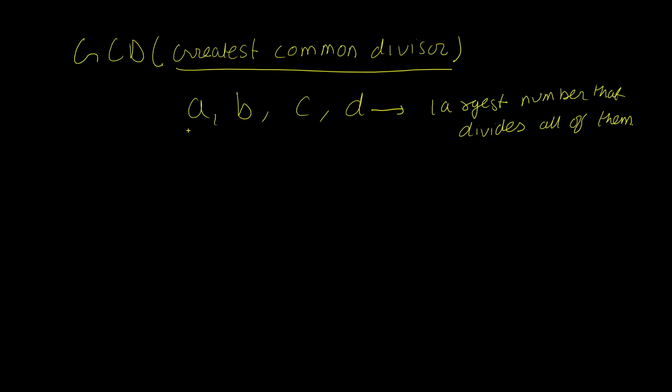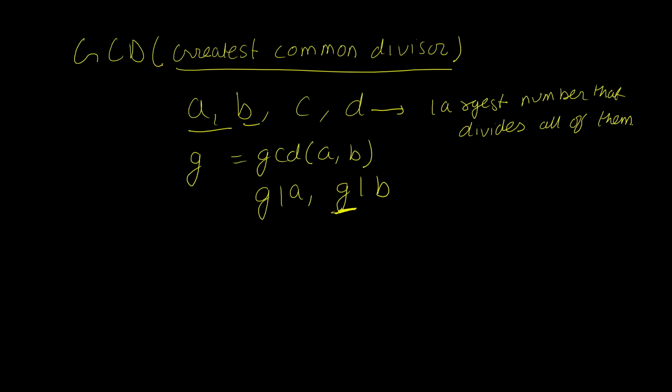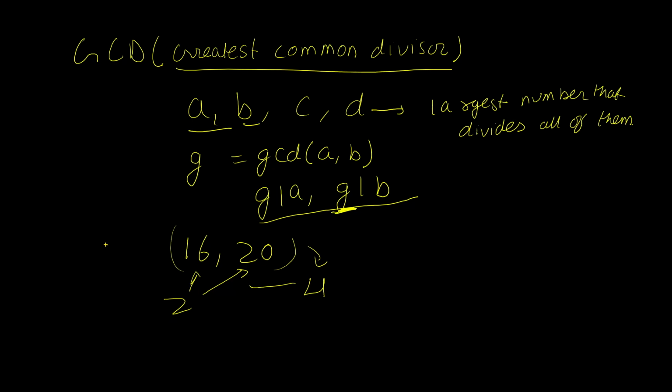If the GCD of A and B is, let's say, G, then G divides A, G divides B, and G is the largest integer that does both of these. For example, if I'm given 16 and 20, I can see that 2 divides both 16 and 20, but 2 is not the largest number that does it. The largest number is 4, and therefore the GCD of 16 and 20 is 4.